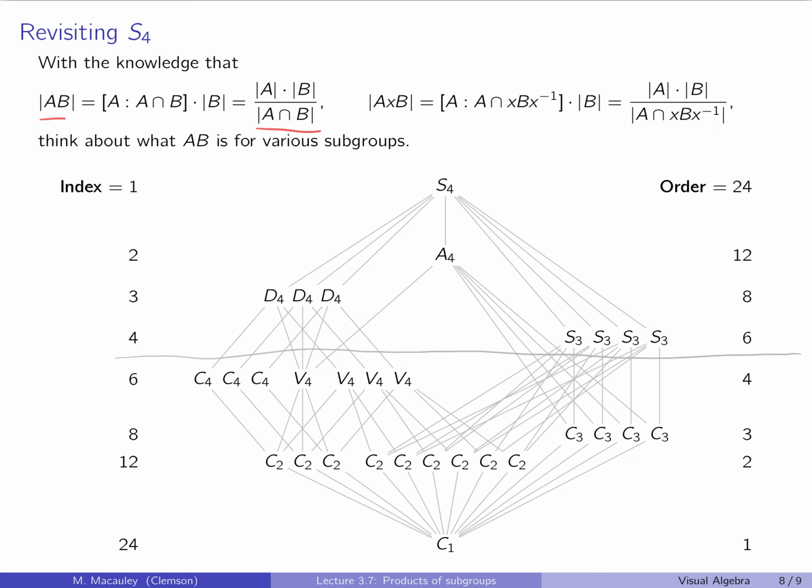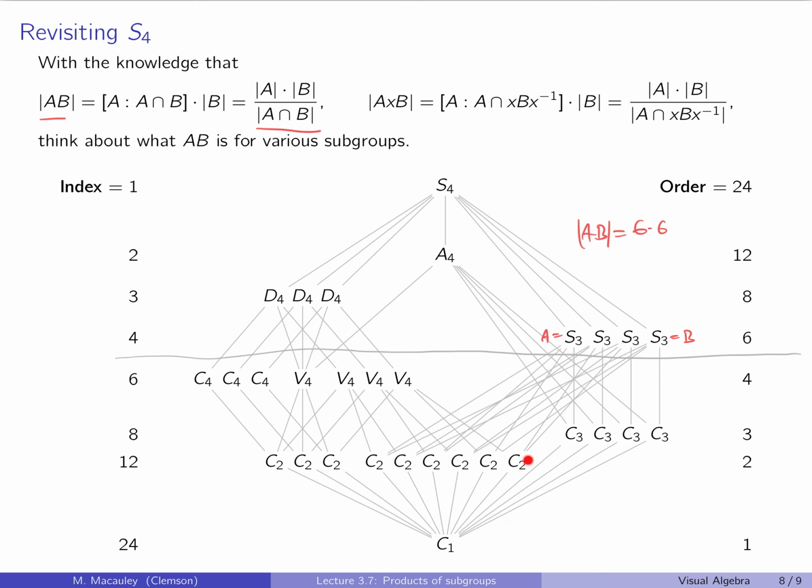So what that means is, let's start with an example with these S3s. Let's suppose that A and B are both copies of S3. Then the size of AB is 6 times 6, and right away we are bigger than 24. So we know automatically that the intersection of any two subgroups that are S3 has to be non-trivial.